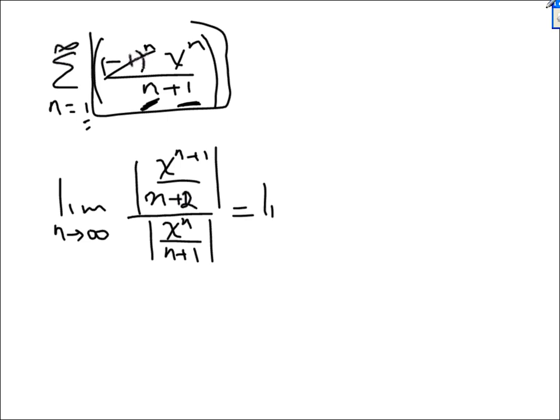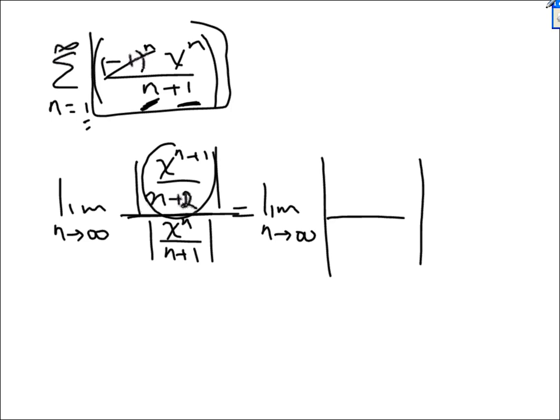Let's clean this up a little bit. First thing is the division of absolute values is the absolute value of the division. That is, we can put everything under one absolute value. Now, the numerator can stay the same, x^(n+1) over n plus 2, but the denominator gets flipped over.